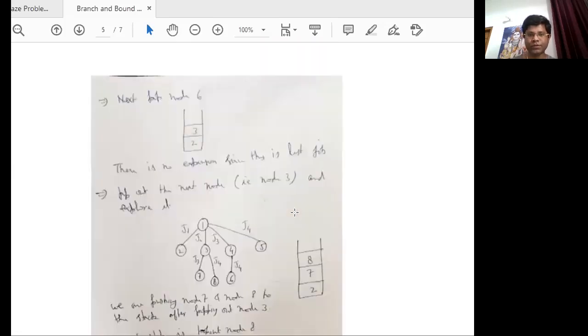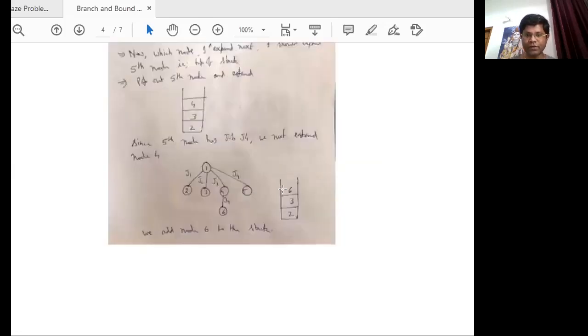Then we pop the top element, 6, and try to expand it. But since node 6 had job J4, there is no need to expand. We simply delete this value, and the stack has only 2 values, 2 and 3.